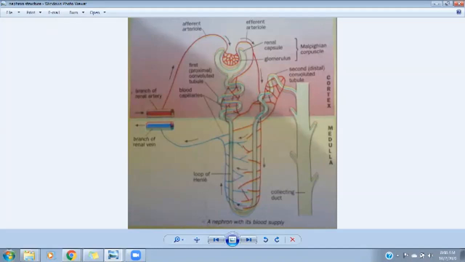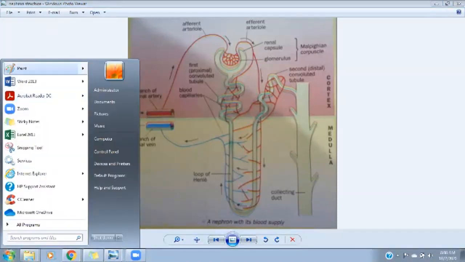The blood that enters the kidney, okay, the blood that enters the kidney consists of what?